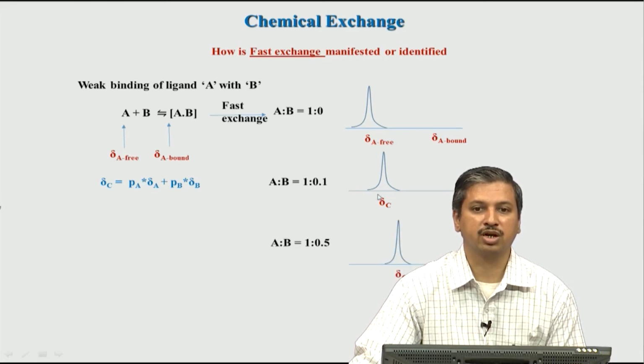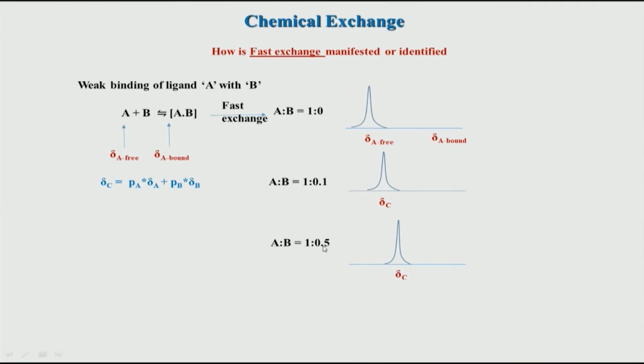Now, suppose we go a little bit more, if I add a little bit more of the B, now what has happened? It has more population of the complex, because when I am adding more and more B, more and more complex is being formed, and therefore, this average value will shift towards the bound form. Why? Because now I am increasing the population fraction of the bound form, and therefore, my total chemical shift is now getting more weighted towards the bound form.